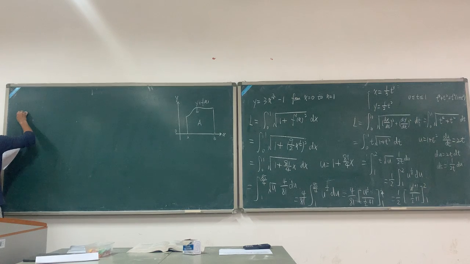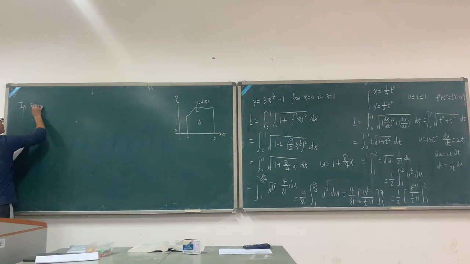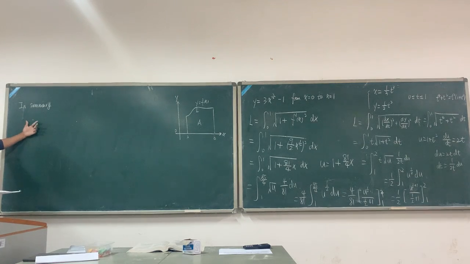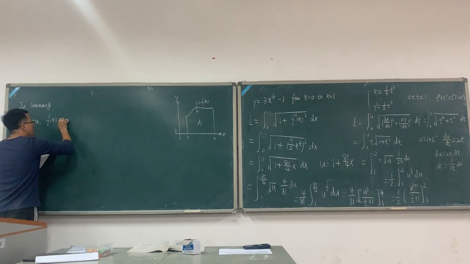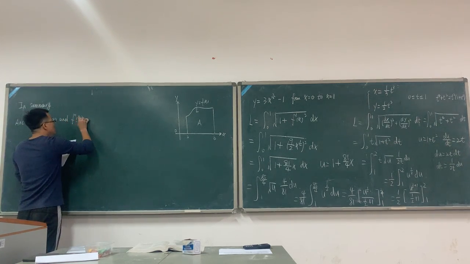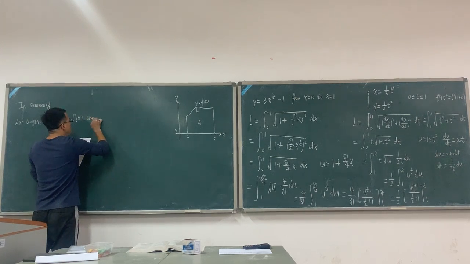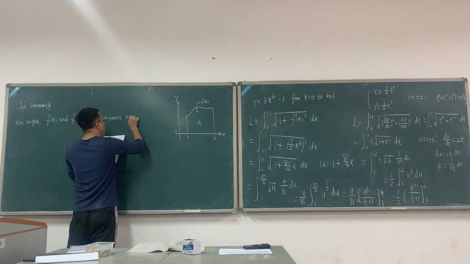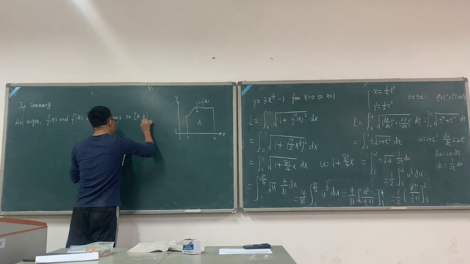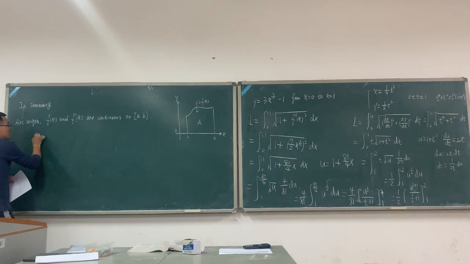The first is the arc length. The functions f(x) and f prime of x need to be continuous on the closed interval [a, b].